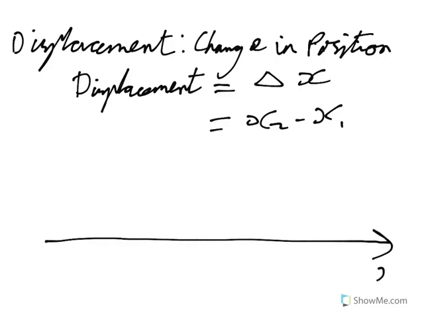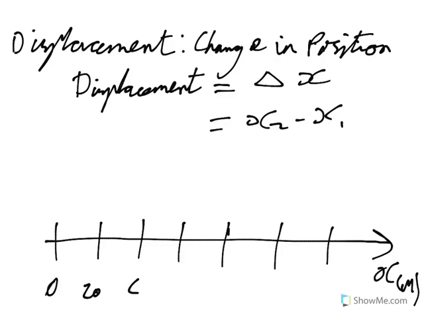All right, so for example, let's draw a number line here, x metres. So 0, 20, 40, 60, 80, 100. And we might have this object at the following positions. It might start here, then a couple of seconds later it might be there, then a couple of seconds later it might be here, and then a little bit of time later it might be there, and then head back the other way.